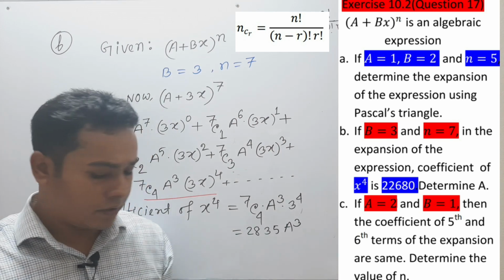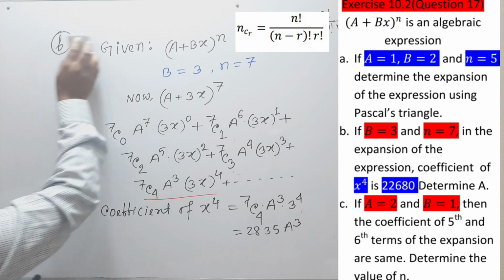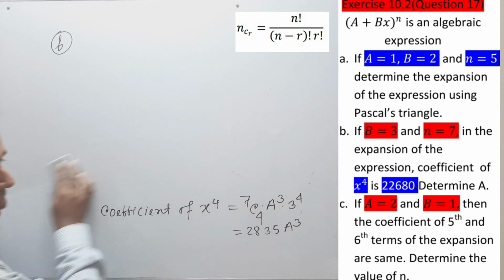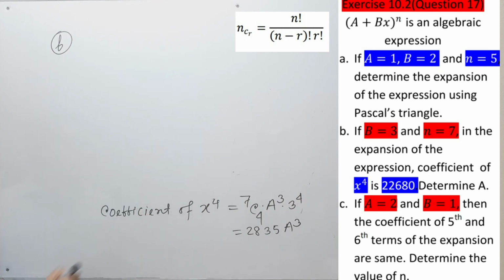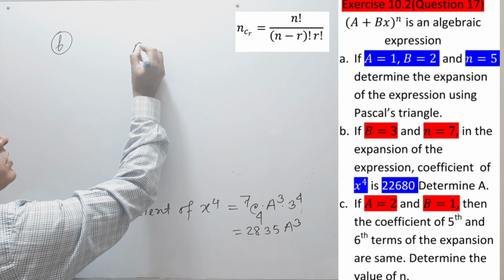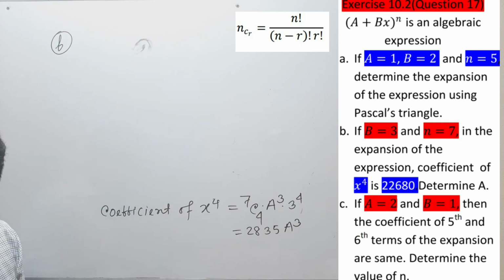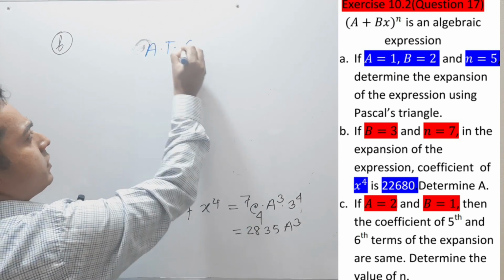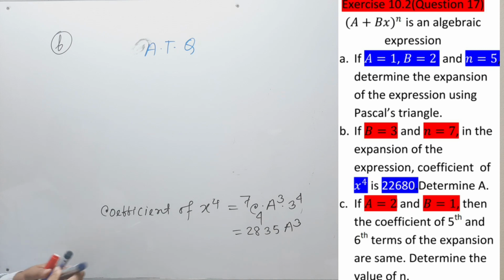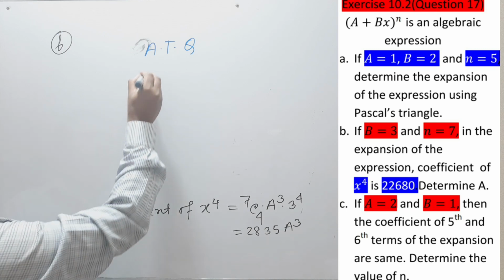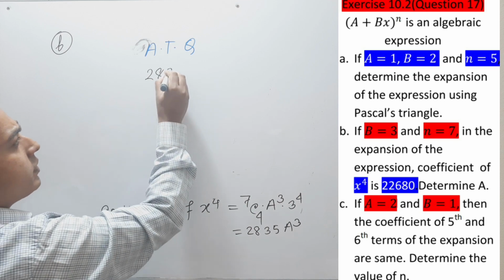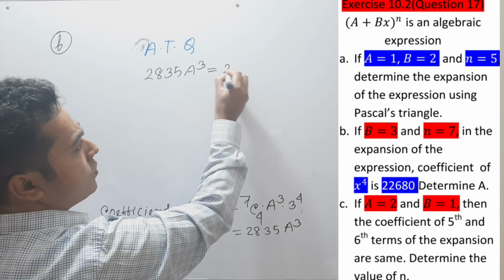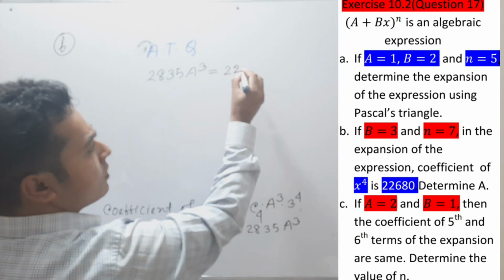According to the question, our coefficient 2835 a cubed is equal to 2680.